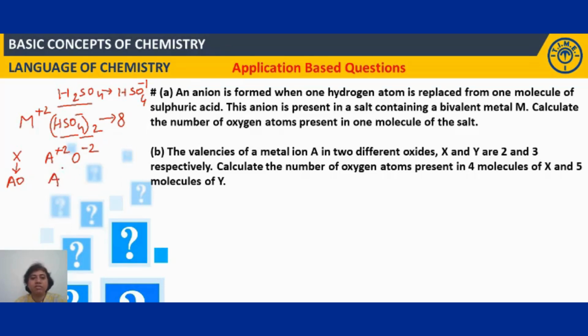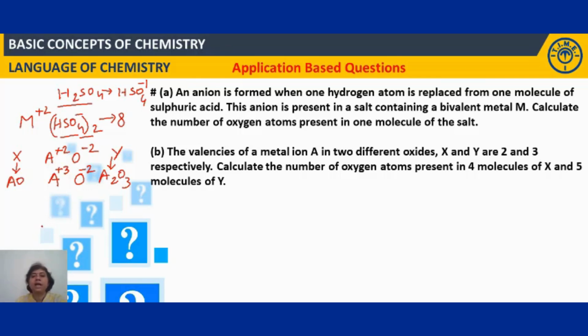Now the metal valency in Y is +3. So A plus 3, and oxygen remains O minus 2. So what will be the formula of the compound Y? It is the crisscross method. So it will be A2O3. So Y is A2O3 and X is AO.